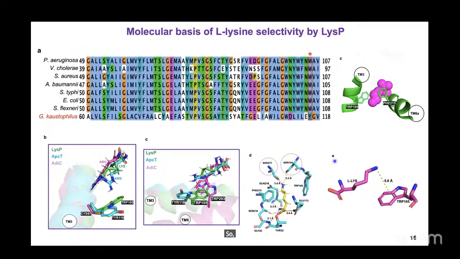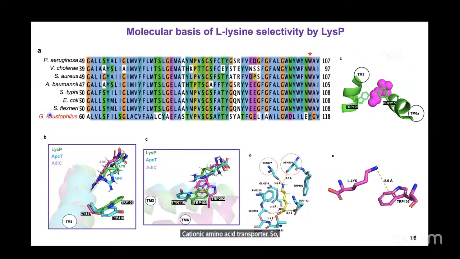So why does this amino acid transporter specifically transport only lysine, while the other amino acid transporters transport a broad range of amino acids? So we performed sequence alignment of the Pseudomonas aeruginosa LysP and the other orthologs, including a cationic amino acid transporter.